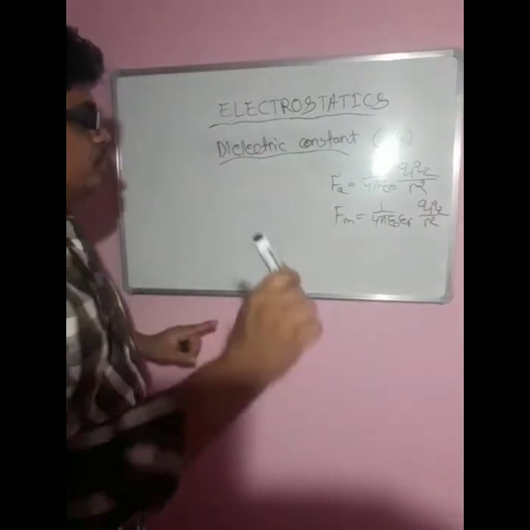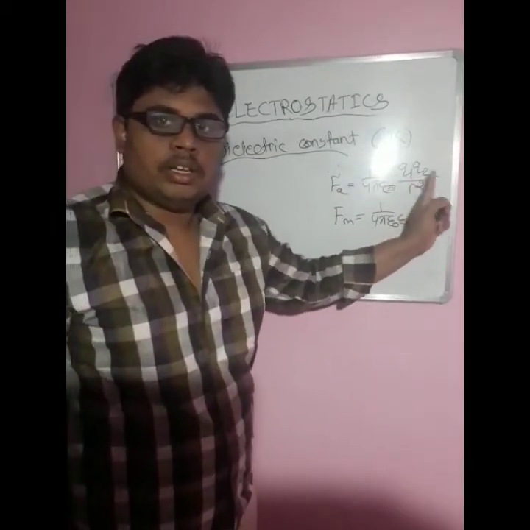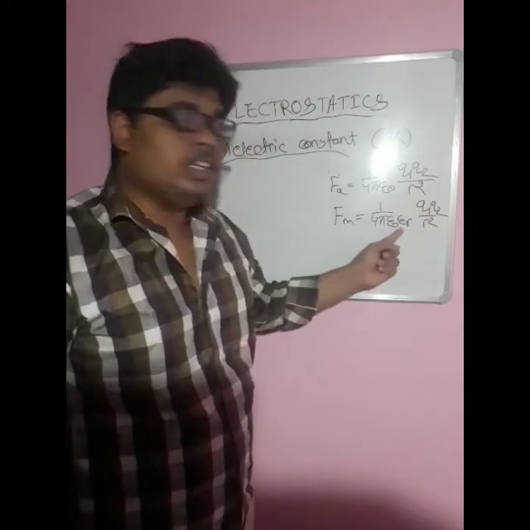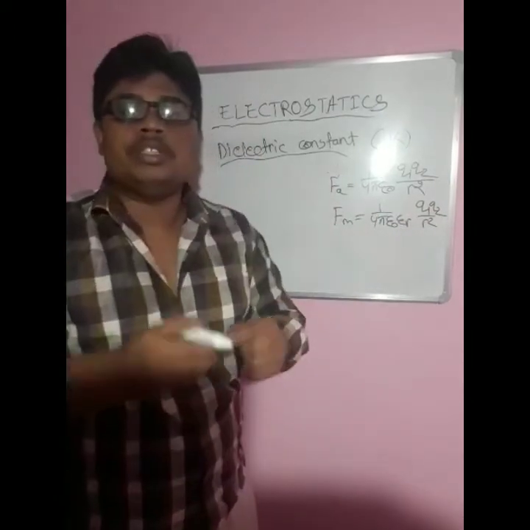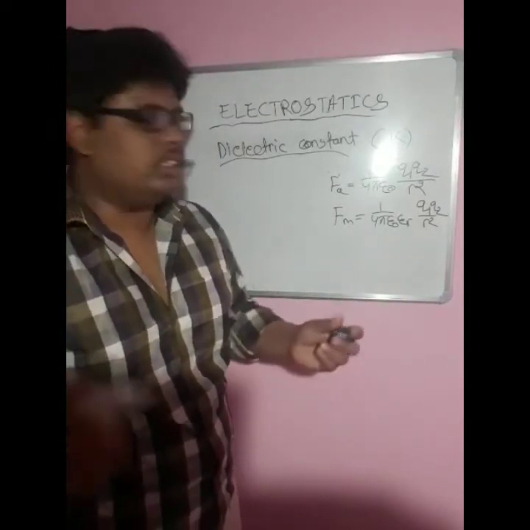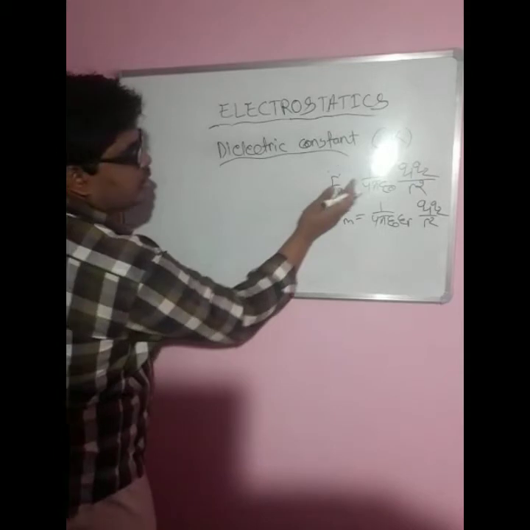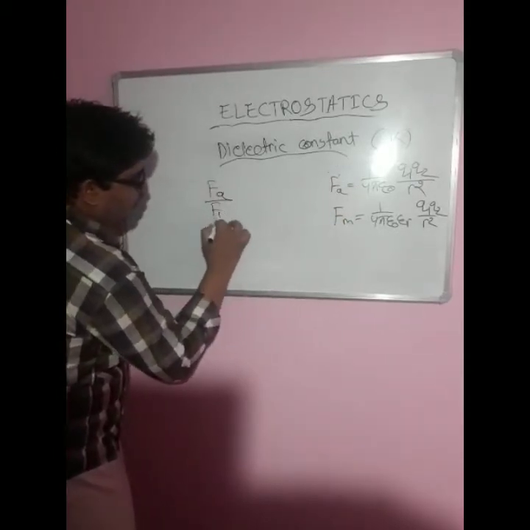Okay, see, if I take the same charges Q1 Q2 in both cases, here the medium is air and here there is a medium, any medium, it may be water, oil, anything. Okay, let's divide force in air by force in medium.